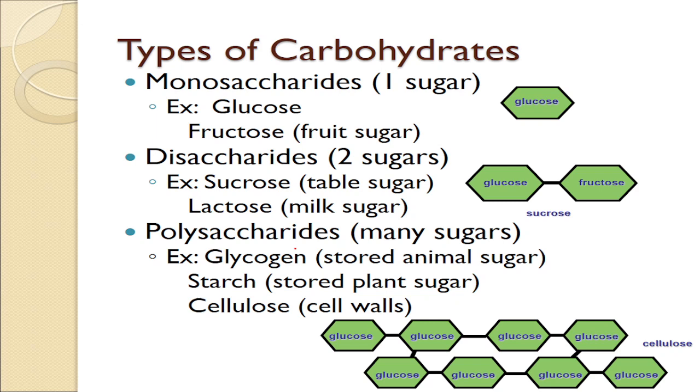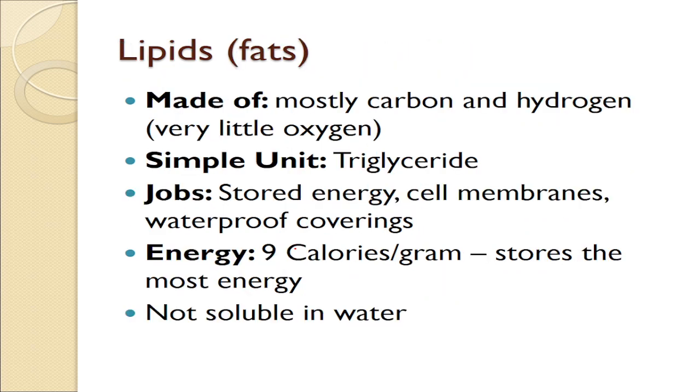We have glycogen, a type of sugar that is stored in animals, animal sugar. We have starch, stored plant sugar. Cellulose is in cell walls; plants are rich in cellulose, and those are their protective structures.